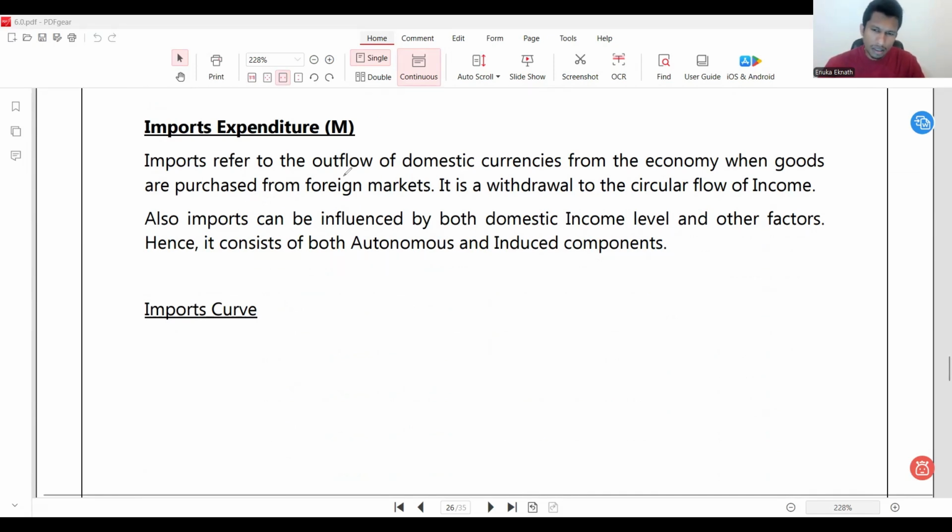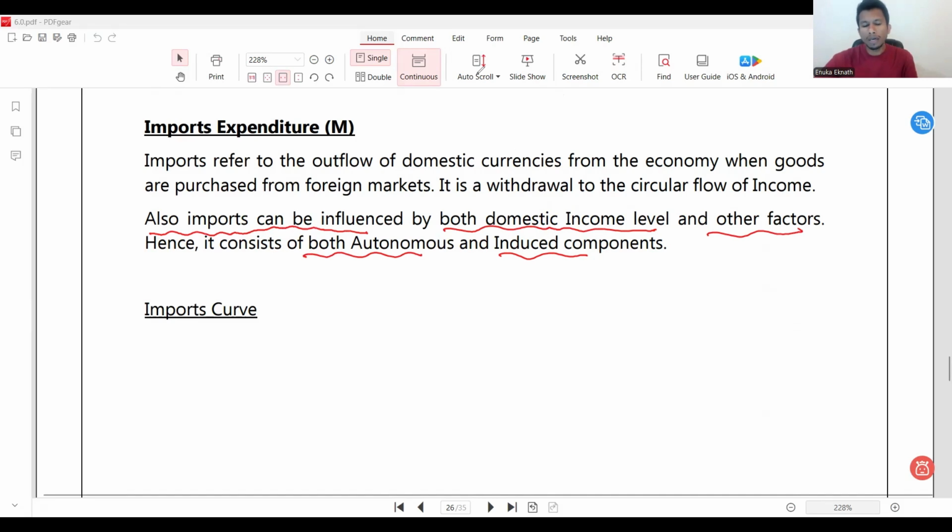That is the introduction, and later on it says imports can be influenced by both domestic income level and other factors. Hence, it consists of both autonomous and induced components, which means simply the imports will change when the level of income changes. I hope that you get that idea.